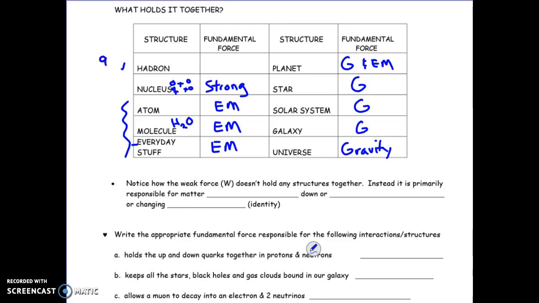Remember, a hadron is a quark and a quark all bound together in a tight little space. So you need a pretty strong force to hold them together, and you'd be correct if you said it was the strong force. Okay, so we see a pattern here as we go from the smallest to the largest, which force takes over. And if you'll notice, what force isn't showing up? It's the weak force. So the weak force really doesn't hold structures together.